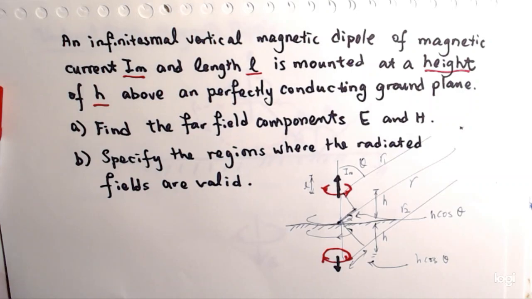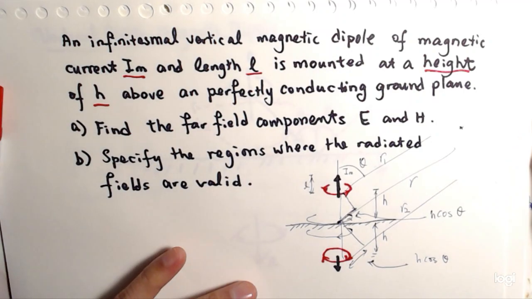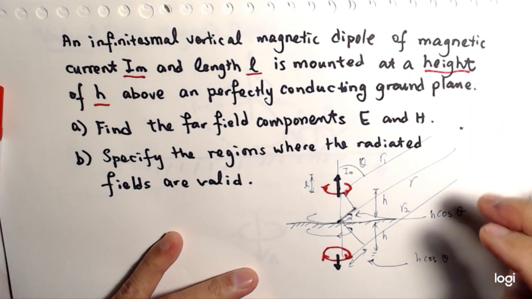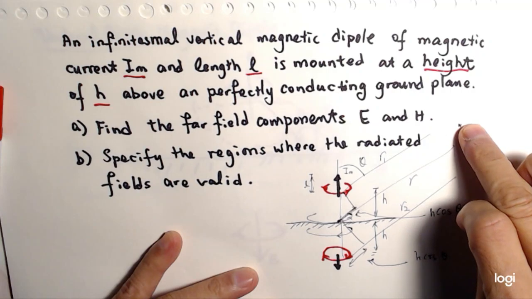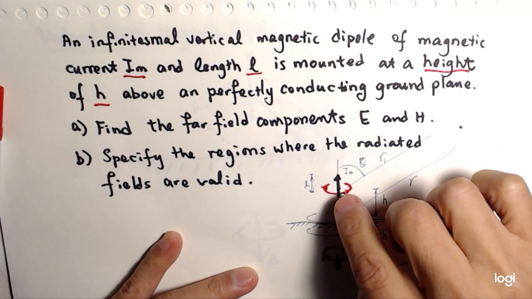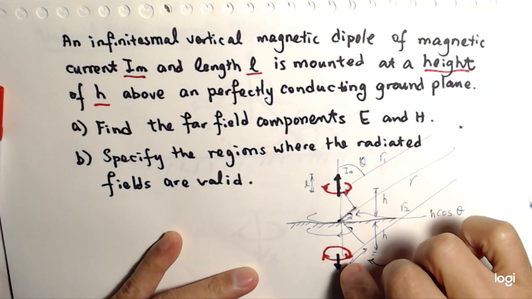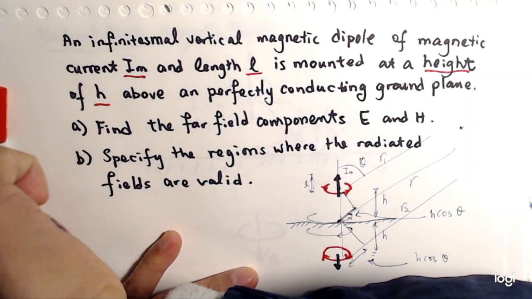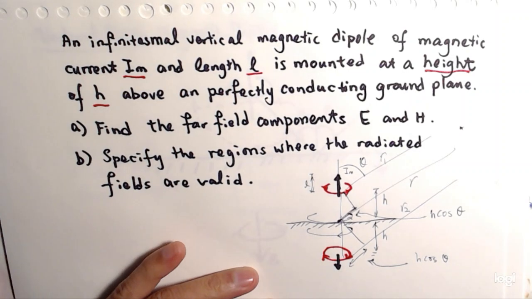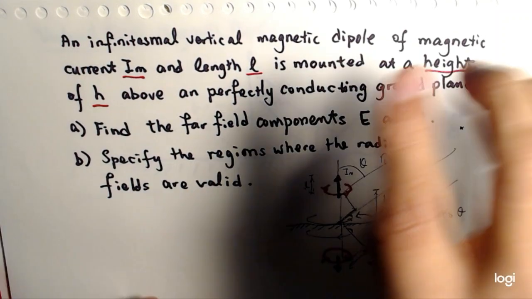Okay. So we are going to write down the electric field contribution towards the observation point by the physical antenna and the image antenna. So this is the next job.